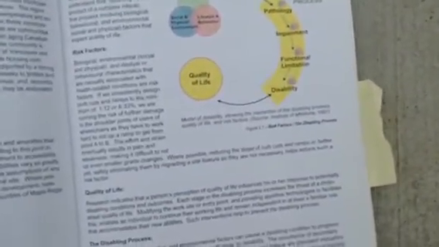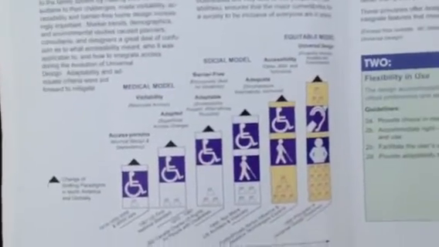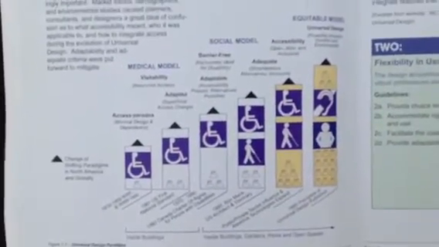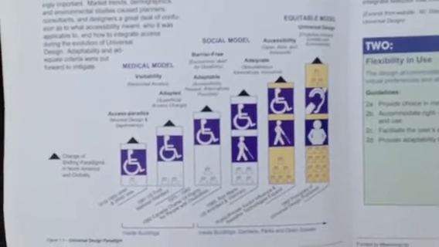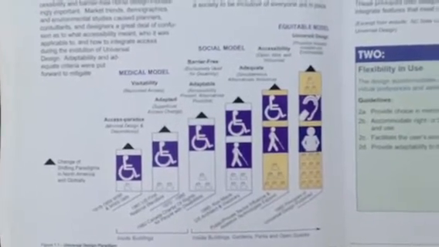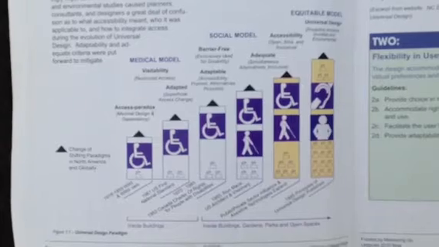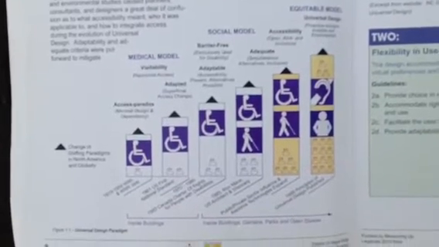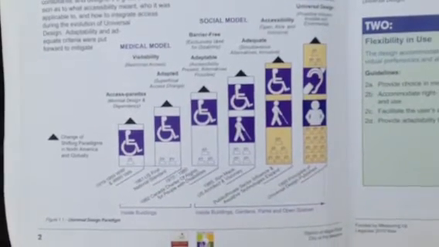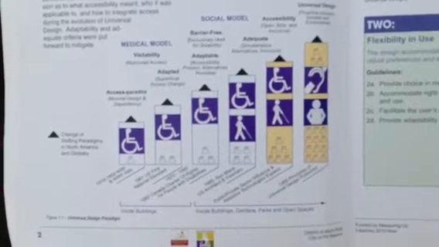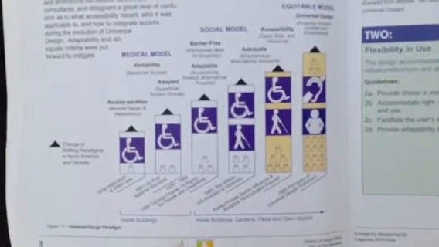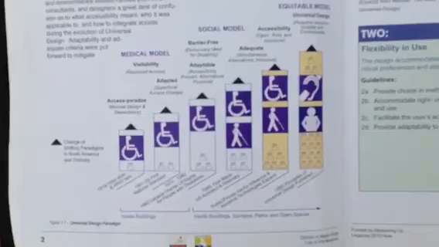One of the things I wanted to show you within this book is the models for disability, the different stages of the evolution of the model for universal design. I participated and started at the very middle of this, where the model starts inside buildings, gardens, and parks back in 1984. And my work started in making and advocating for universal design.